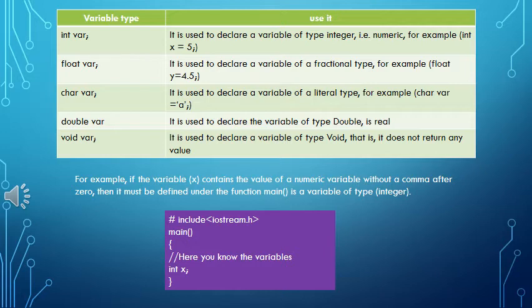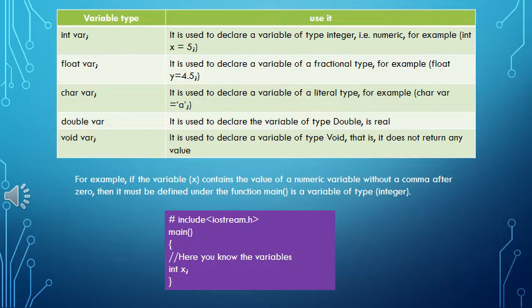Float var is used to declare a variable of a fractional type, for example, float y equals 4.5. Char var is used to declare a variable of a literal type, for example, char var equals 'a'. Double var is used to declare a variable of type double, i.e. real. Void var is used to declare a variable of type void, that is, it does not return any value.